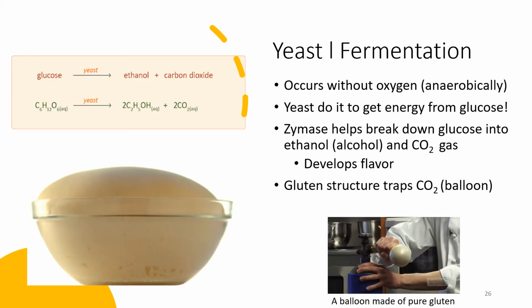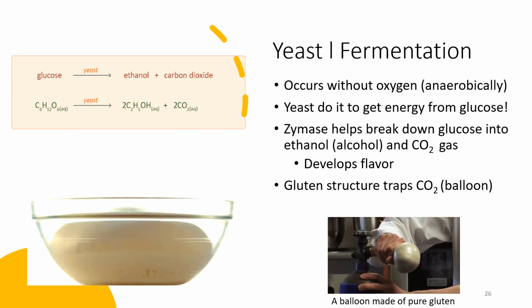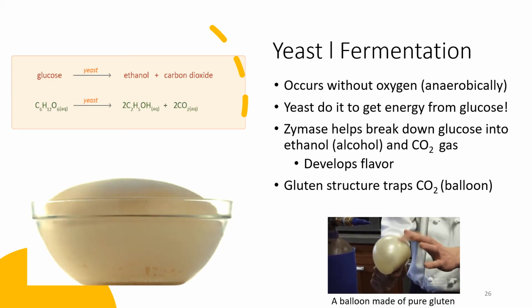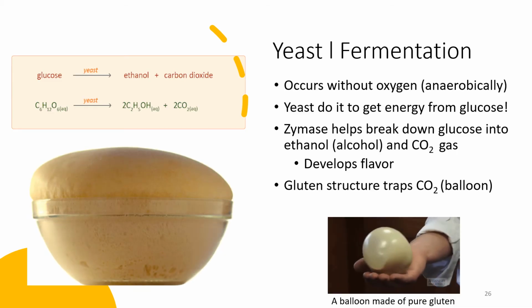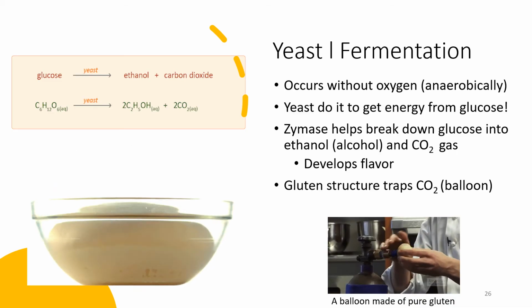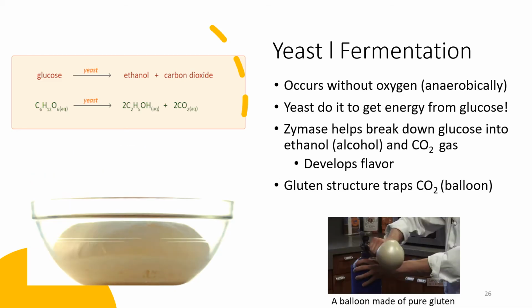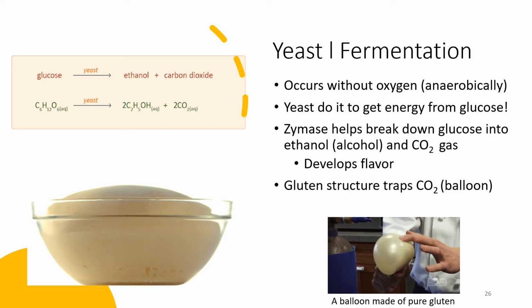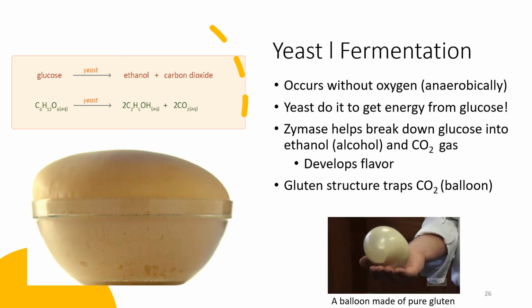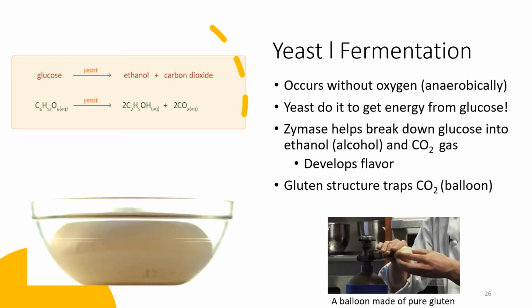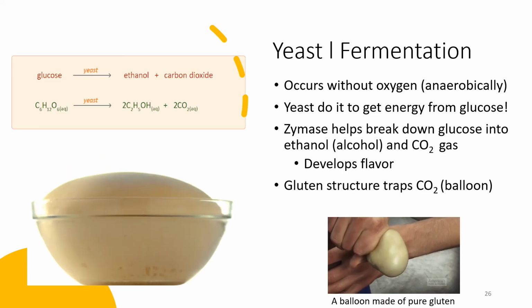An important enzyme in yeast that performs the fermentation process is called zymase, and that's what helps break down that glucose into ethanol and CO2. In the process of fermentation, you're not only making these end products, but you're also developing flavor in the bread itself, as well as creating gases, which help the bread rise.